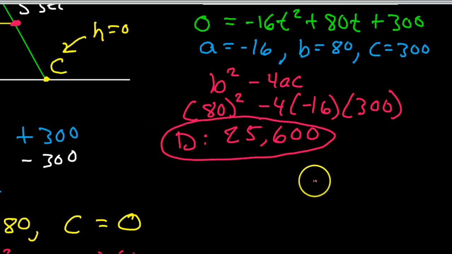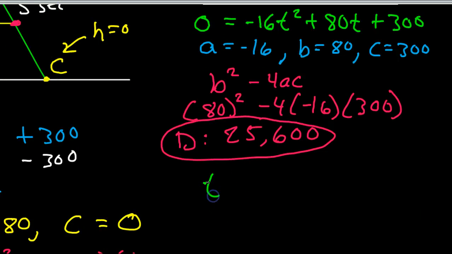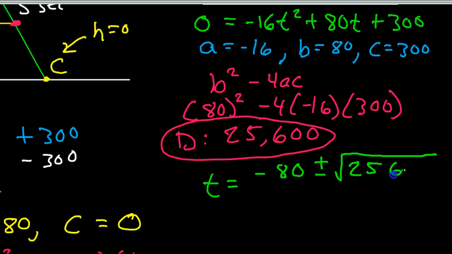Now we can go ahead and finish the rest of the quadratic formula. So t will equal opposite of b, so negative 80, plus or minus the square root of the discriminant, all over 2a.